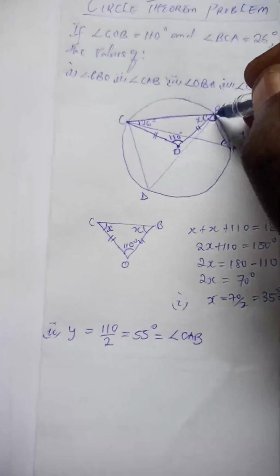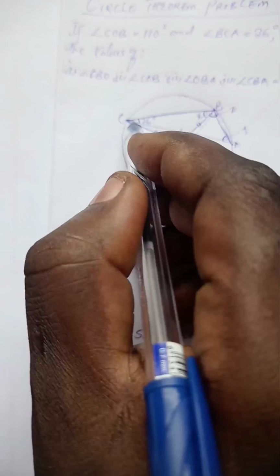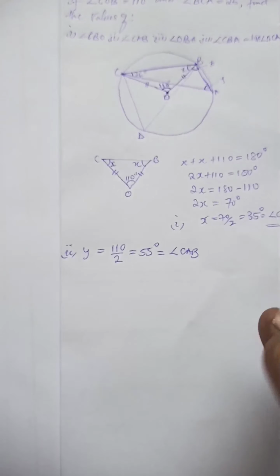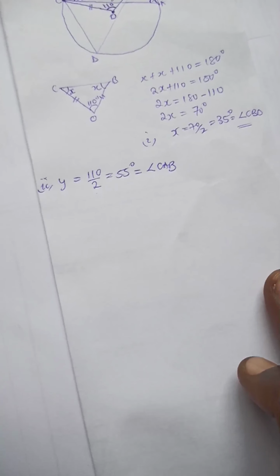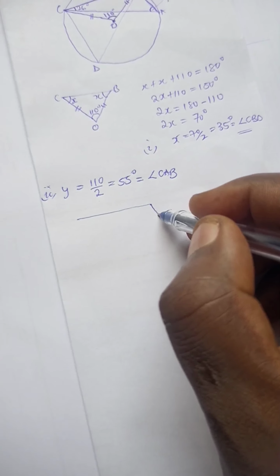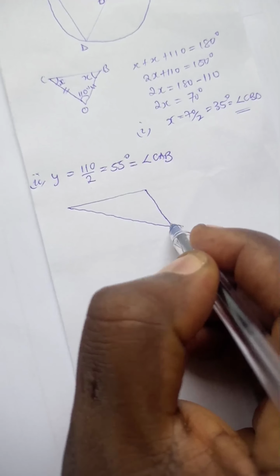Look from this portion to this portion, back to this portion. I will have a triangle, right? Let's bring out the triangle now. We have the triangle like this.